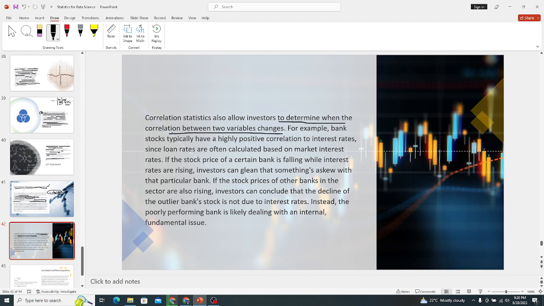For example, bank stocks typically have a high positive correlation to interest rates. Since loan rates are often calculated based on market interest, if the stock price of a certain bank is falling while the bank is still increasing its interest rates, then you will know that there is a problem with that bank.